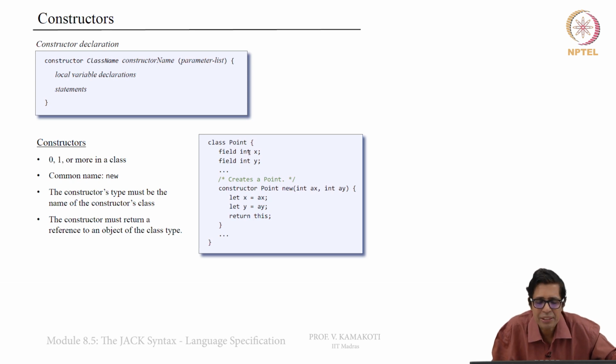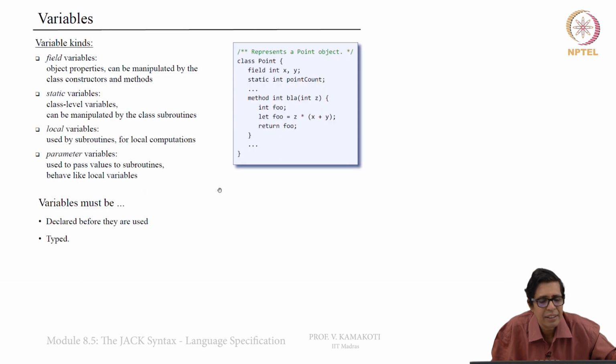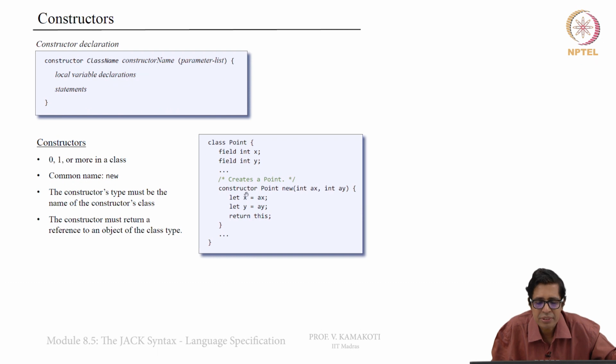I want to declare a point, it has fields int x, int y, and constructor Point new(int x, int y). So, when I declare some point P, and I say P dot new of 2 comma 3, the x coordinate of P becomes 2 and the y coordinate becomes 3, right. And every time this returns this object. So, if you create A dot new, it will return that object A itself, that is why we say return this. Okay.